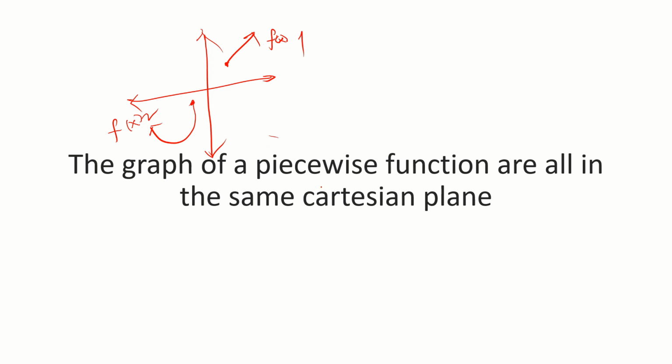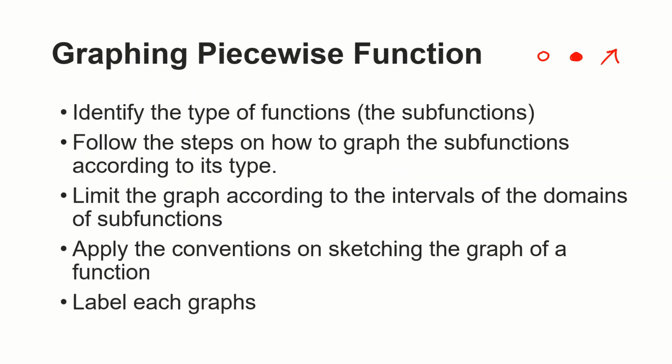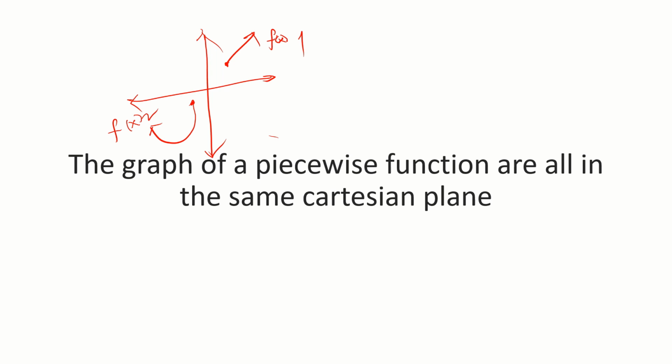So the graph of a piecewise defined function is sketched in the same Cartesian plane. That is why in our previous steps we include here label each graph, because each of these graphs represents different subfunctions.